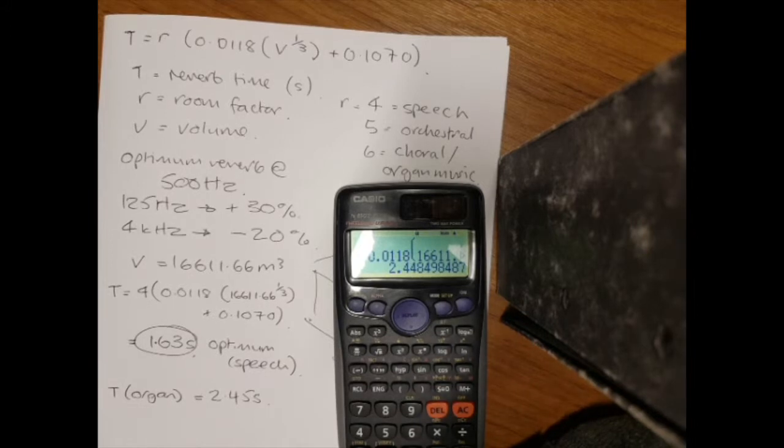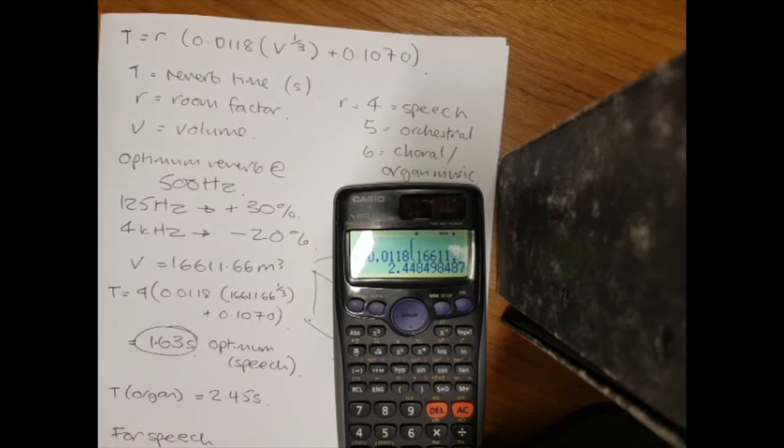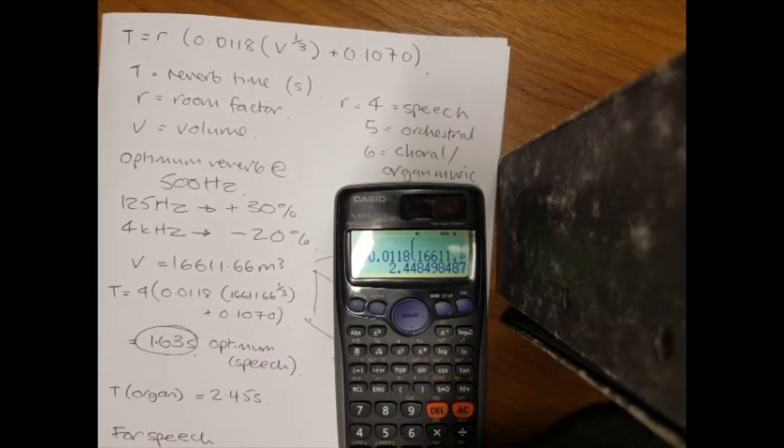Okay, so what I'm then going to do is let's take this 1.63, which is our optimum for speech, and let's look at what the other frequency bands should be. So what we're saying is for speech, let's go 500 hertz.